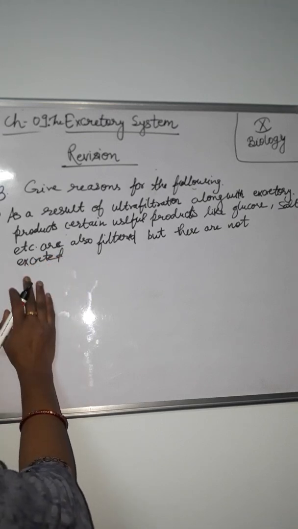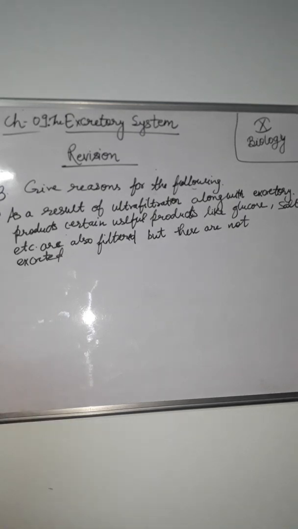Why? Okay. As a result of ultrafiltration along with excretory products, certain useful products like glucose, salt, etc. are also filtered, but these are not excreted.